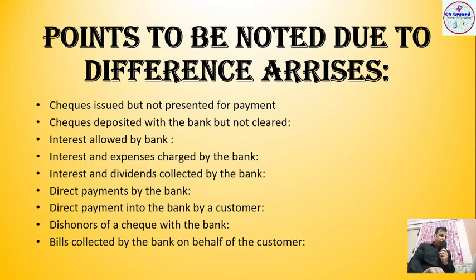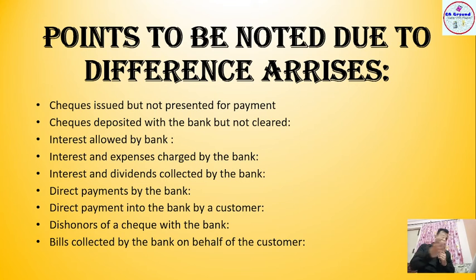So point number one: cheque issued but not presented for payment. It means in the company books it has been issued and my balance has reduced. Let's say my balance was 1000 rupees and I have issued a cheque of 10 rupees. So that means in my books the balance is 990.